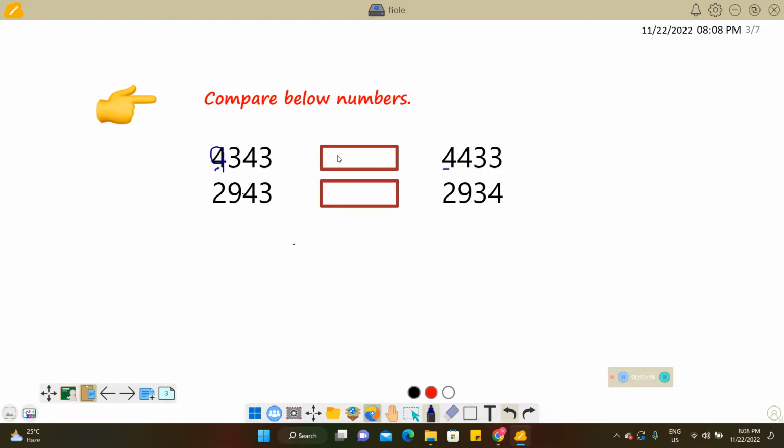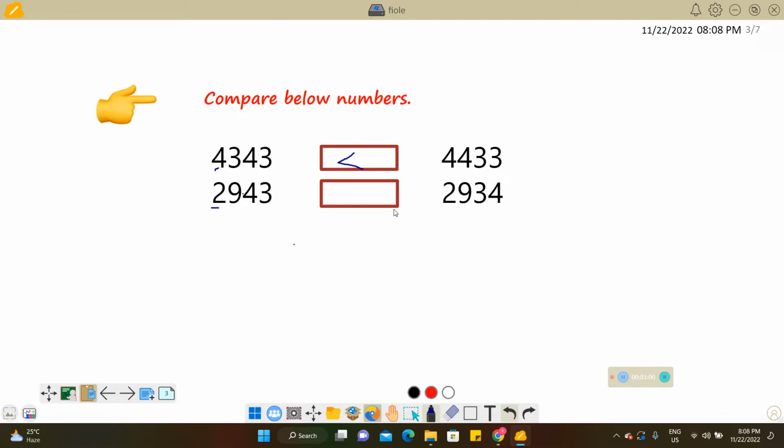So here itself we can decide it in a fraction of seconds. So here 4343 is less than 4433.